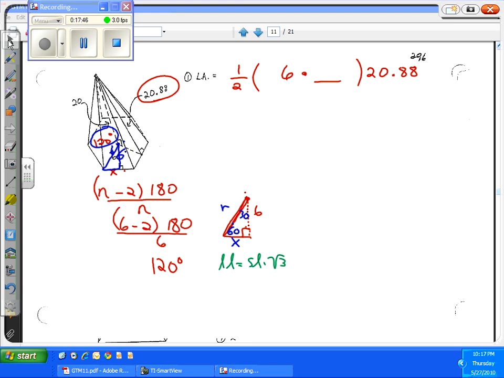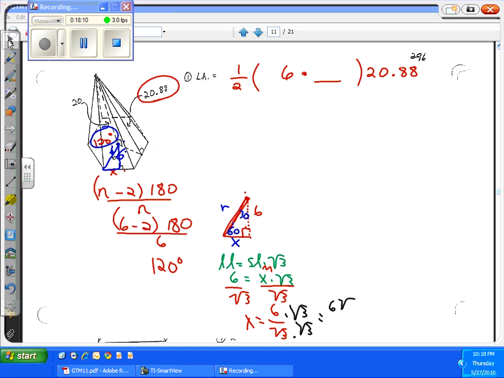Long leg is equal to short leg times the square root of 3. So long leg 6 equals short leg x times square root 3. We undo multiplication by division. And so we get x equals 6 divided by square root 3. We have to rationalize the denominator.